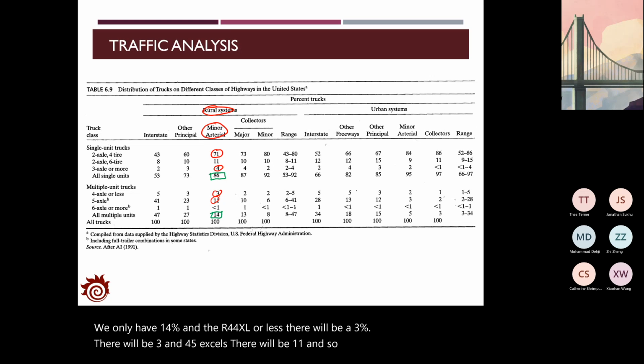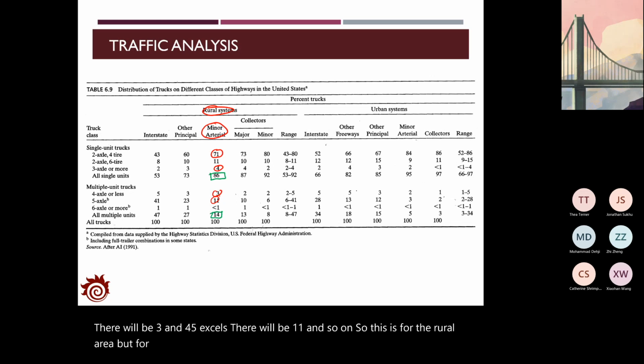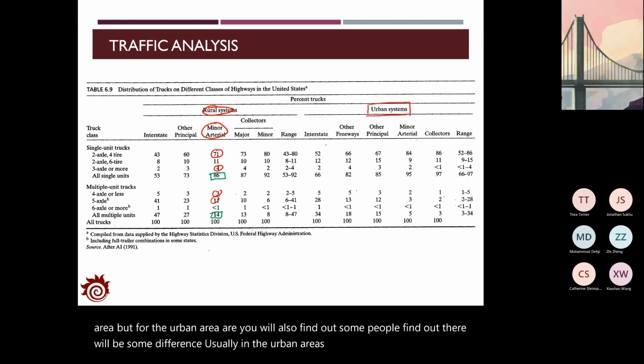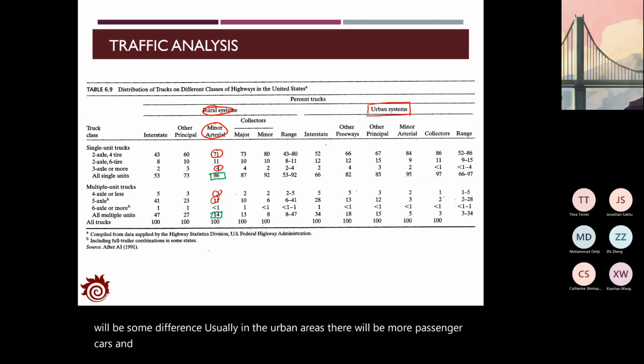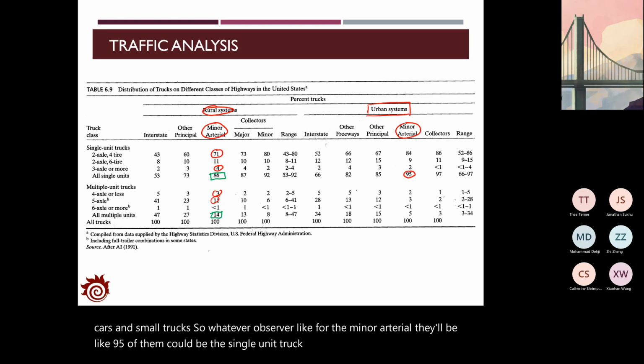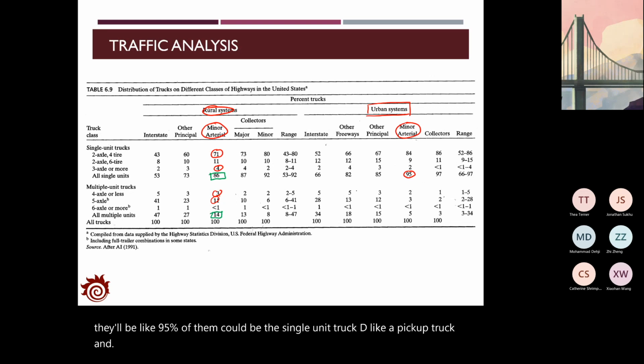So this is for the rural area, but for the urban area, you will find there will be some difference. Usually in the urban area, there will be more passenger cars and small trucks. So what you will observe, like for the minor arterial, is that about 95% of them could be single unit trucks, like a pickup truck and something a little bit larger.